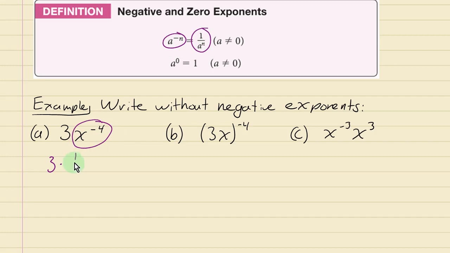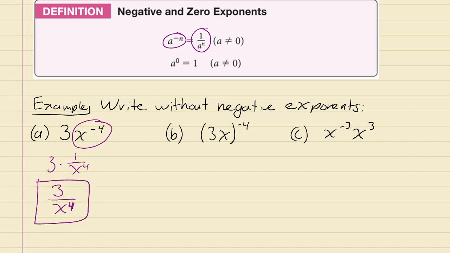That's going to become 1 over x to the power 4. And this, 3 is really just 3 over 1, right? So you could just write this as 3 over x to the power 4. It's kind of a simpler way to write that.